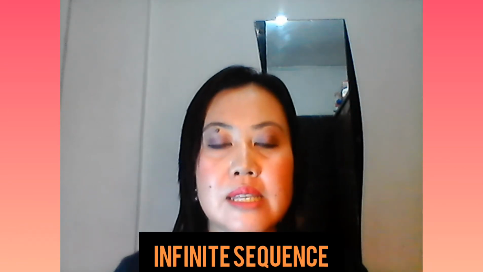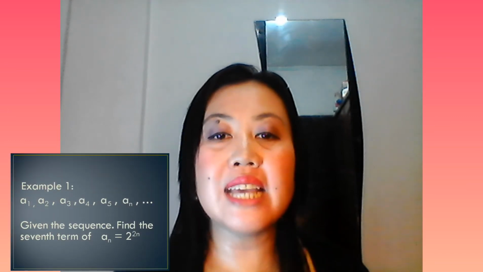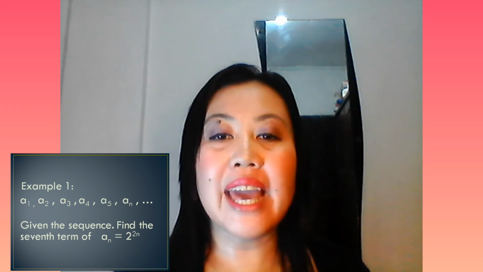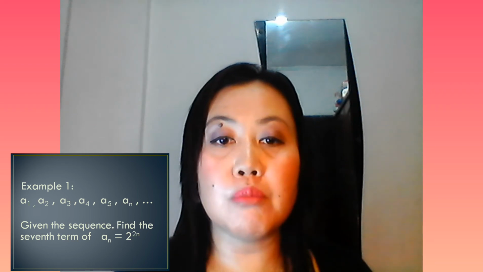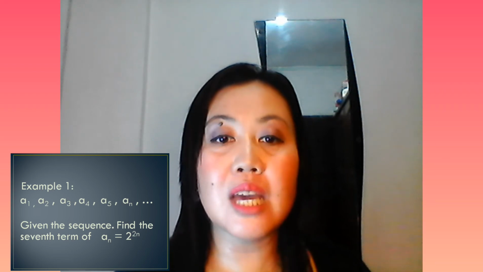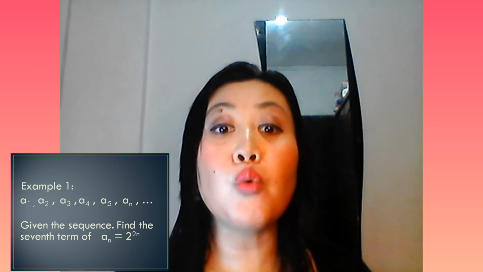In our next examples, these are examples of infinite sequences. Example, a sub 1, a sub 2, a sub 3, a sub 4, a sub 5, a sub n, and ellipsis. Find the seventh term of a sub n equals 2 raised to 2n.